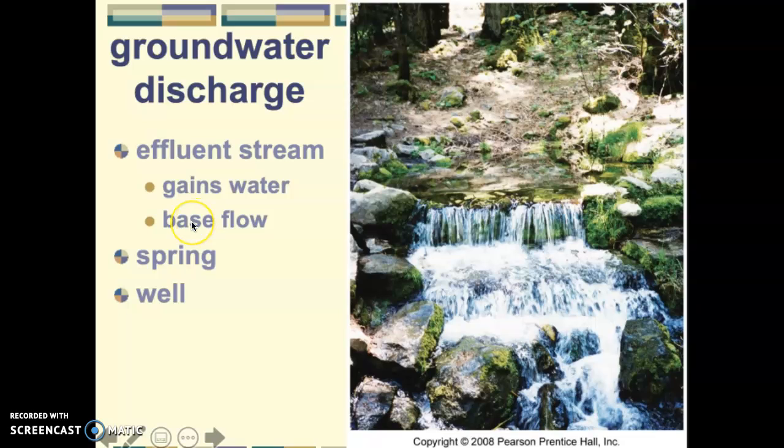That provides what we call base flow, which means that the Illinois River just always has water in it, and a lot of that water is coming out of the ground. The other way to get some groundwater discharge is to drill a hole in the ground and pump the water out, and that's a well.